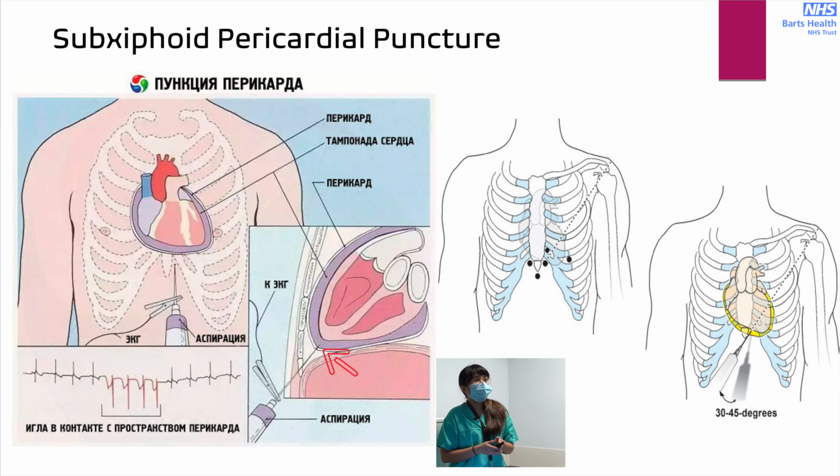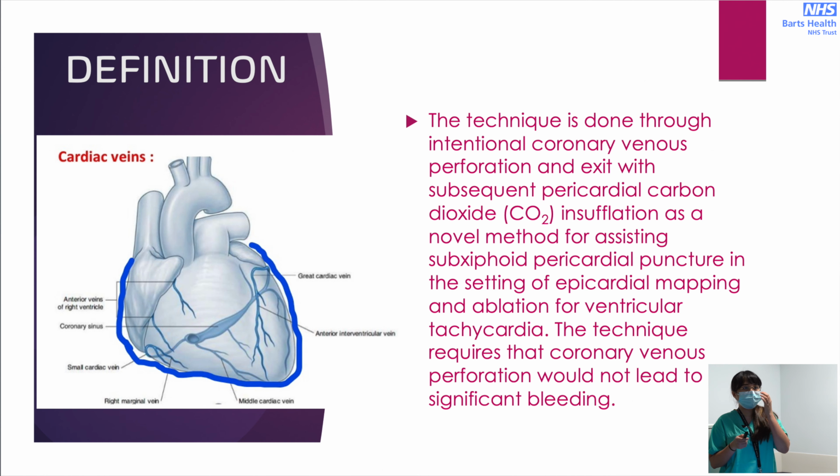So what coronary venous perforation with subsequent pericardial carbon dioxide insufflation would do is that you would access the cardiac veins. These are your cardiac veins. Sorry for the picture, I just edited it.